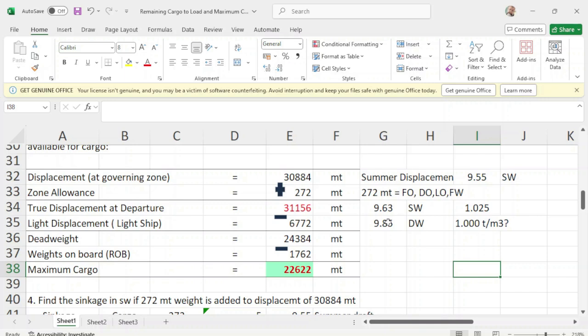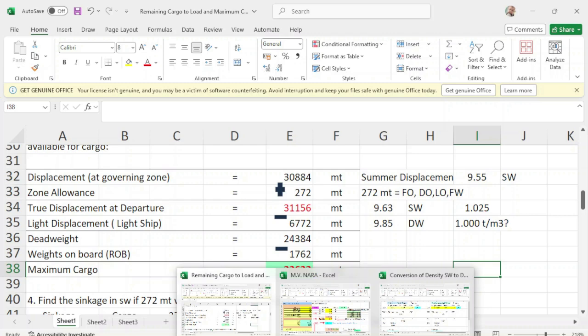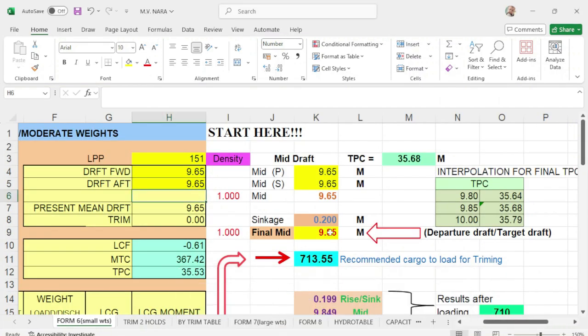This will be our departure, 9.63, in a density of 1.00.